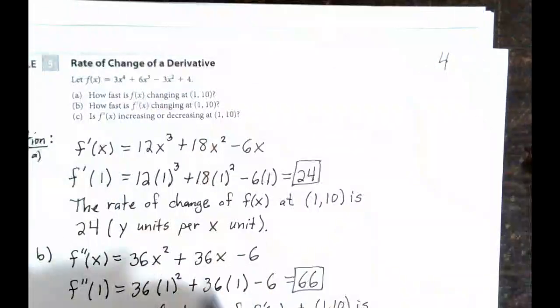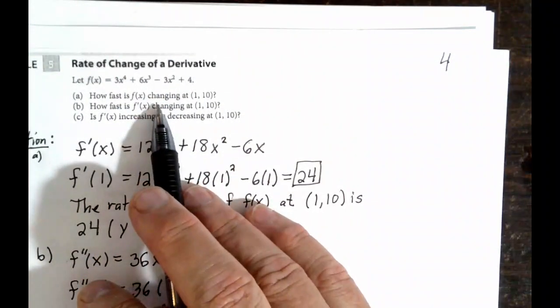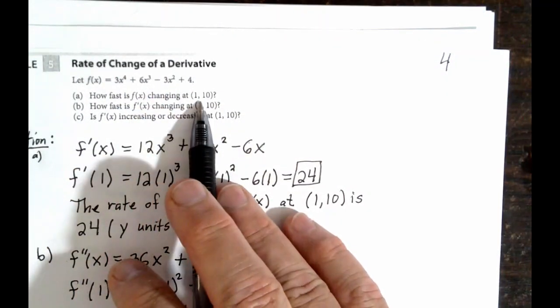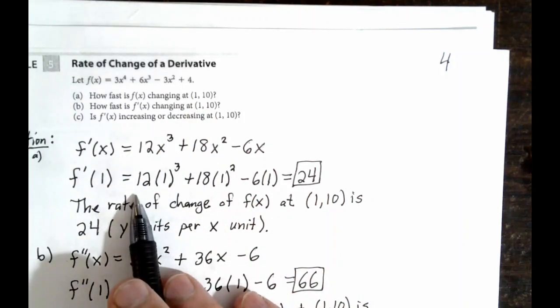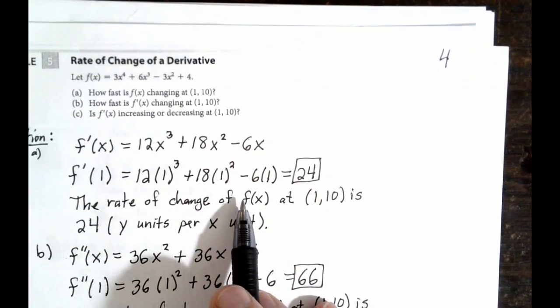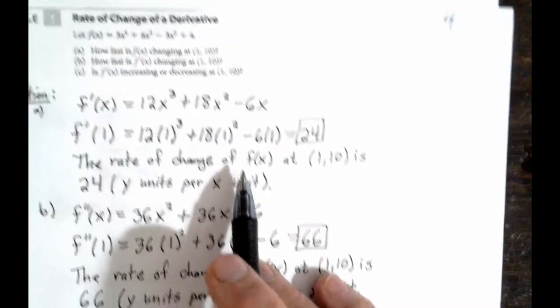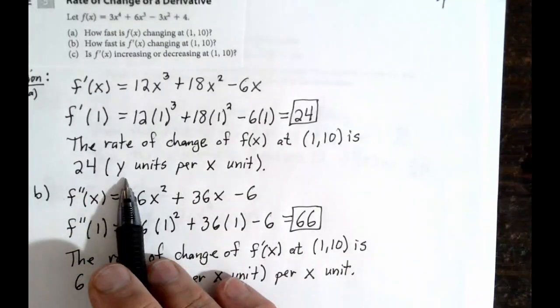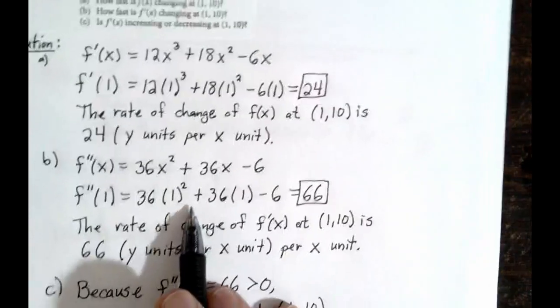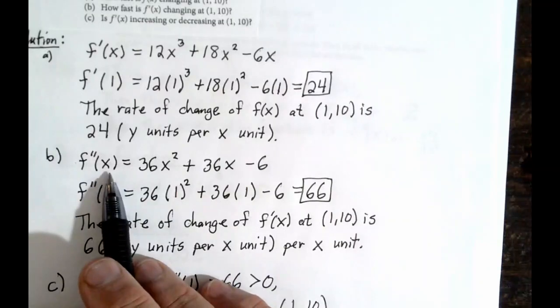Example 5: they ask how fast f is changing at 1, so you take the first derivative and plug in 1. The rate of change of f is 24 y units for each x unit. How fast is f prime changing?